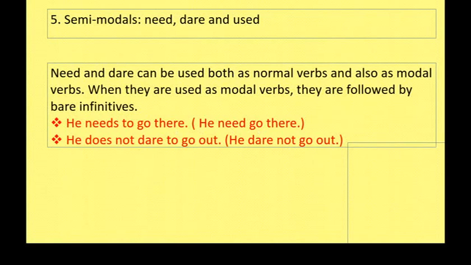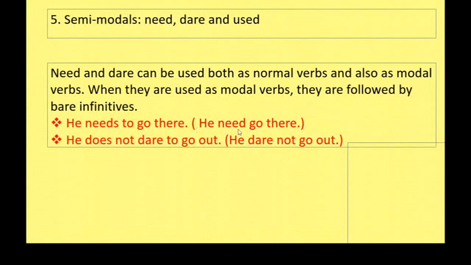In the first example, if we use the need as modal, you can change the sentence into interrogative, negative, and negative interrogative in the following way. He need go there.